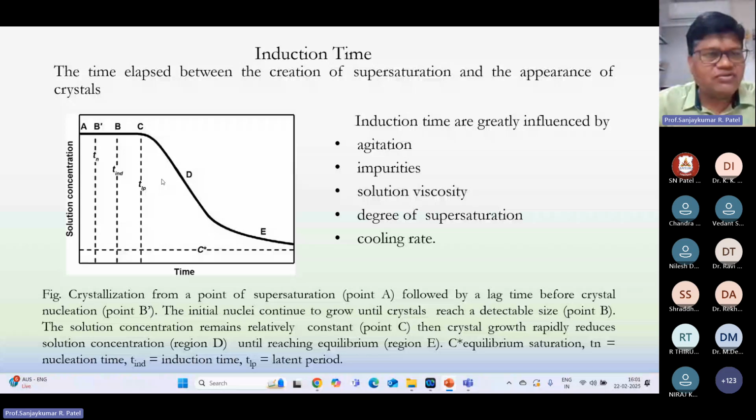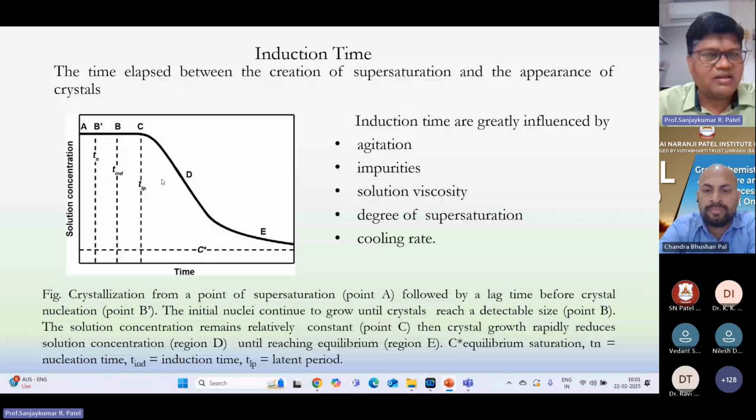And if we want to tailor this induction time, I can do this with the help of mixing, by agitating more speedily, or spontaneous mixing, you can say. The presence of some impurities already there, solution viscosity, and cooling rate you can increase.